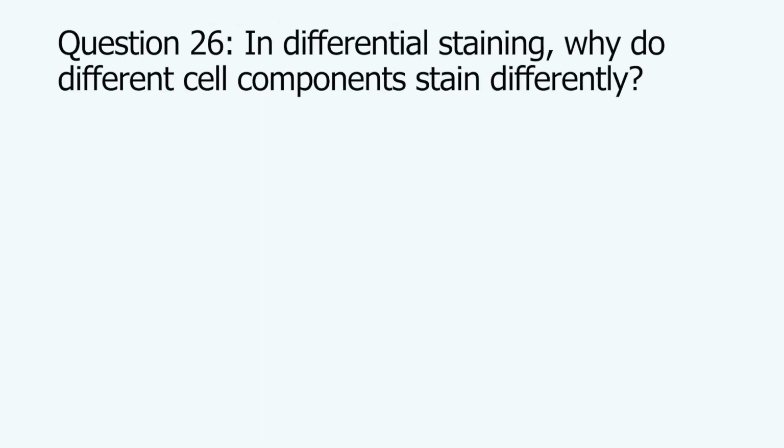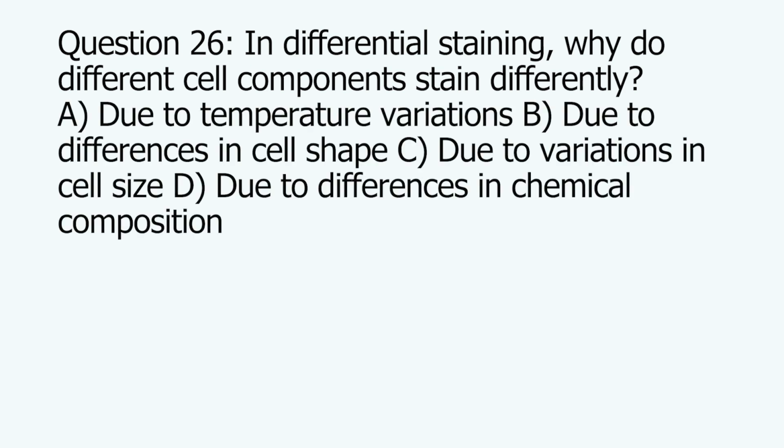Question 26. In differential staining, why do different cell components stain differently? A. Due to temperature variations. B. Due to differences in cell shape. C. Due to variations in cell size.